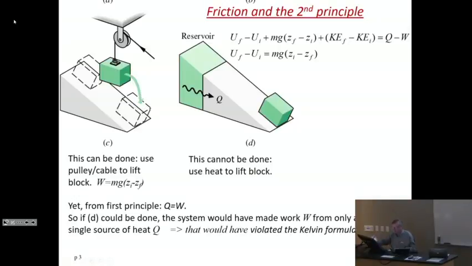So I would have been able to take heat from a single source and get work done at the end of the day. That would have violated the Kelvin formulation of the second principle, as we saw in the previous lesson.